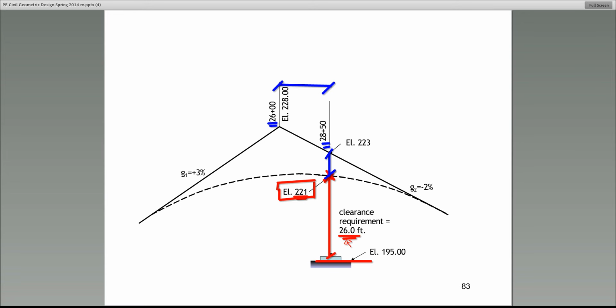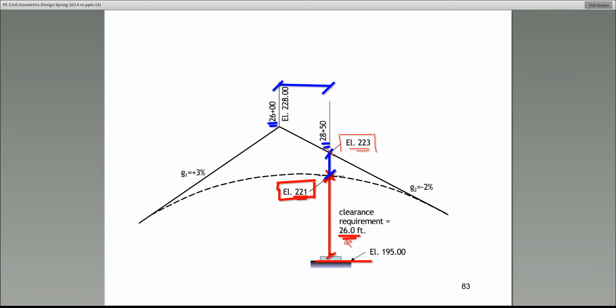Ryan says, did you just make up the offset? No, no, the offset is the distance between the elevation on the tangent line and this elevation on the curve. 223 minus 221 gives you 2. Christopher says, where do you get the 223?